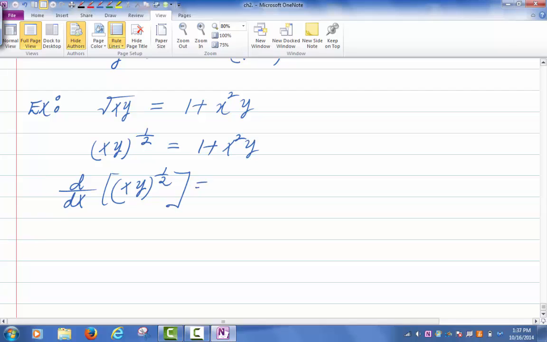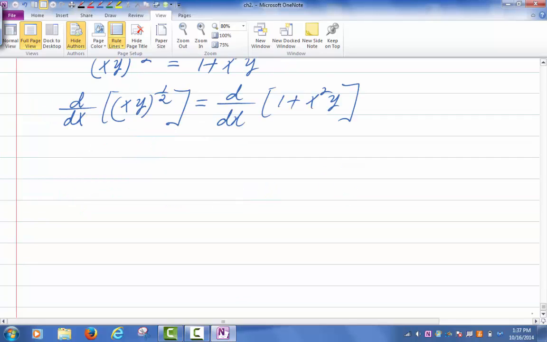So I take the derivative with respect to x here, and I take the derivative with respect to x of 1 plus x squared y. And okay, so what's the derivative on the left hand side?